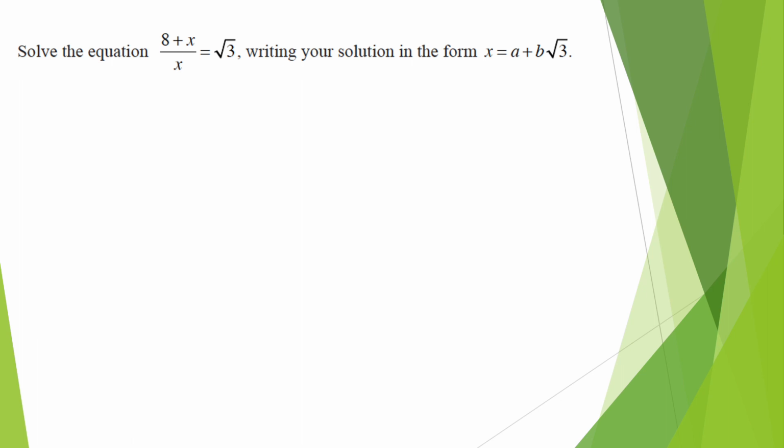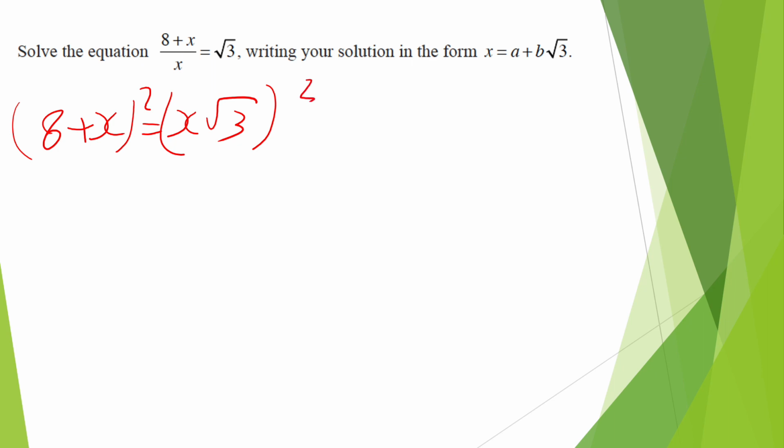I don't like to work with fractions, so I will do 8 plus x equals x square root of 3, and then I would square both sides, so I will have 64 plus 2x, not 2x, 16x, sorry, I made a mistake, because 2 times x times 8 is 16x, plus x squared, and that equals x squared times the square root of 3 all squared, which is 3, so 3x squared.